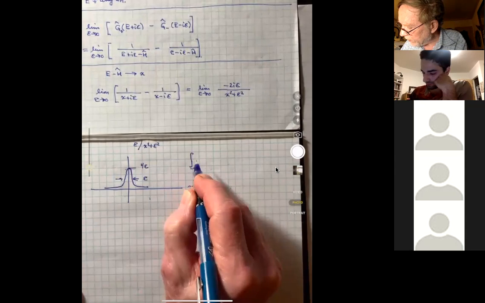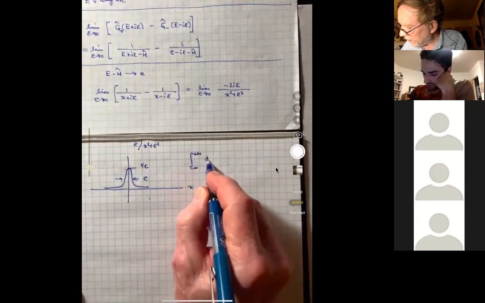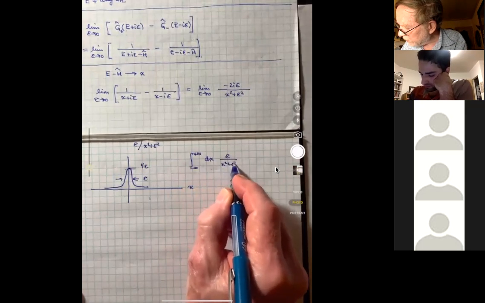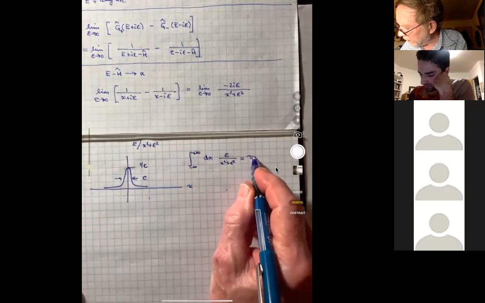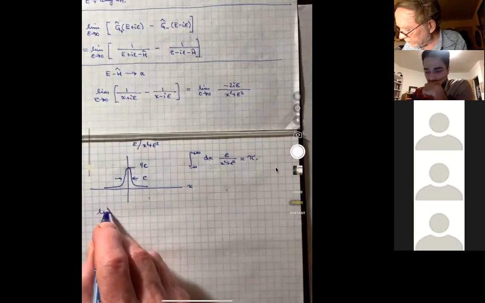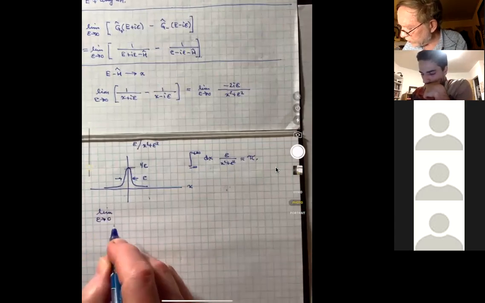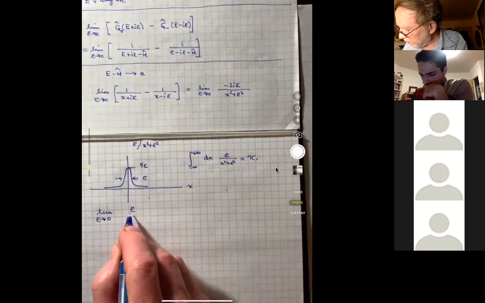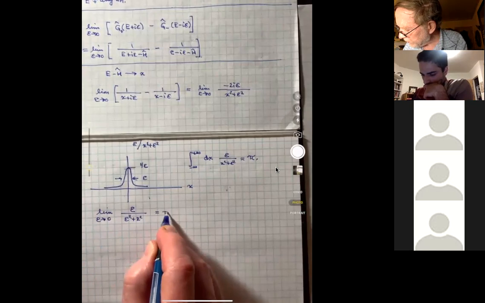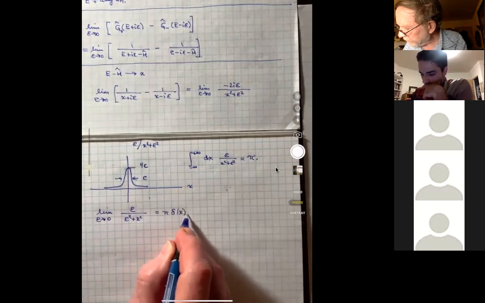In fact, if we integrate over all x, dx of the function epsilon divided by x squared plus epsilon squared, it's an elementary integral, you get the answer pi. And so this doesn't just suggest, it actually shows, if you go into this enough, that the limit of epsilon divided by epsilon squared plus x squared is equal to pi times the delta function of x.